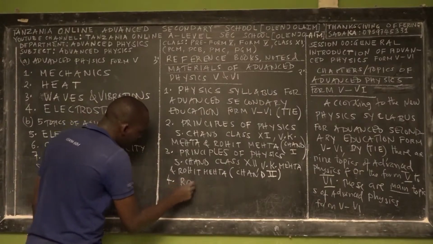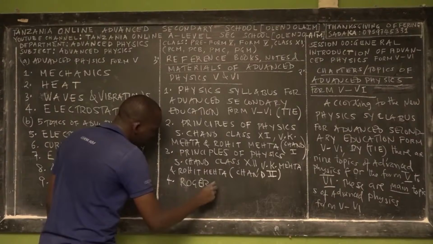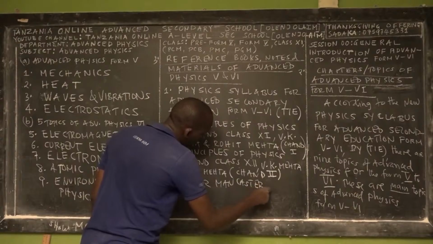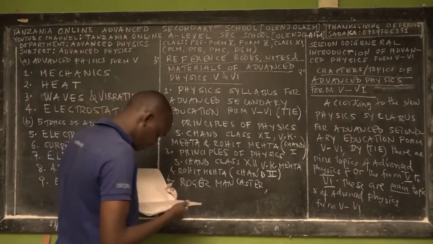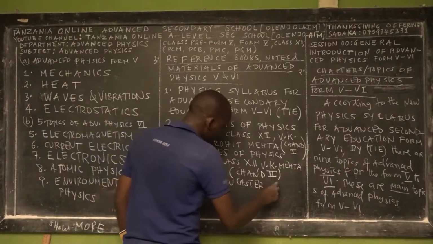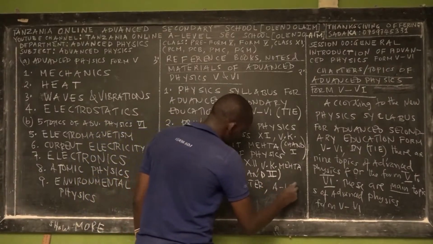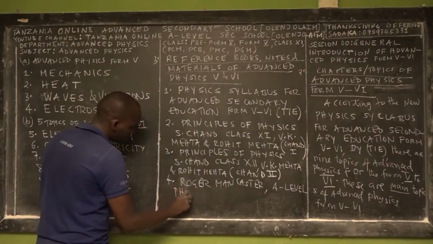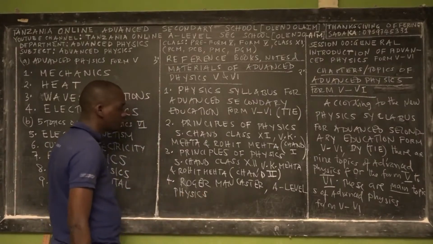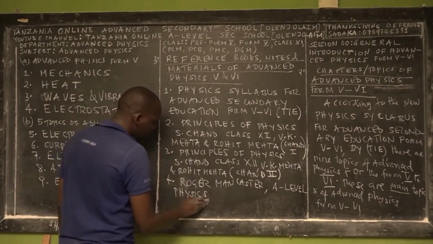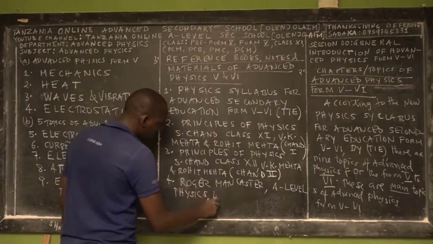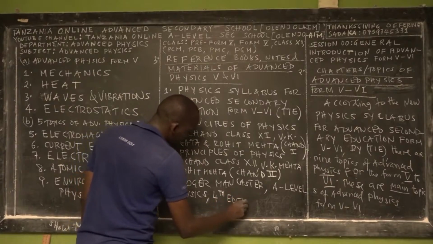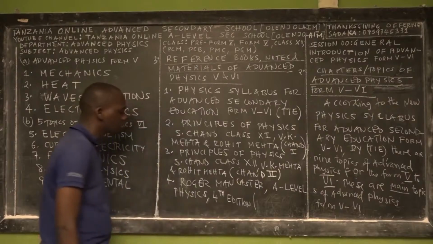The author is Roger Muncaster, and the book is called A-Level Physics.